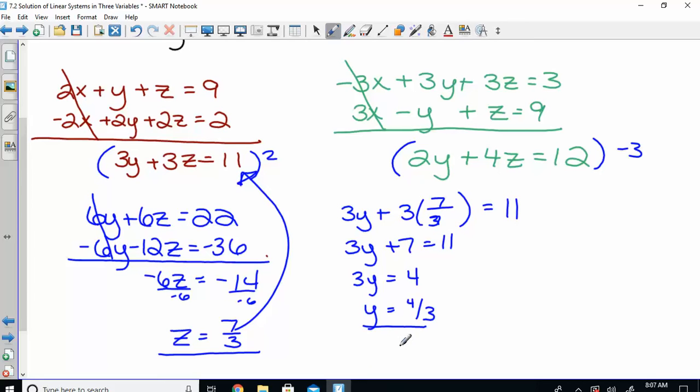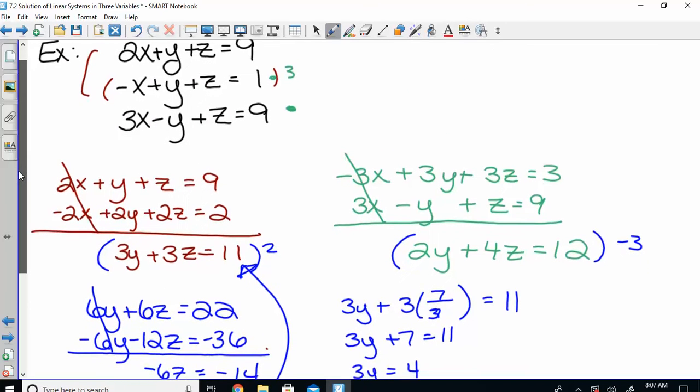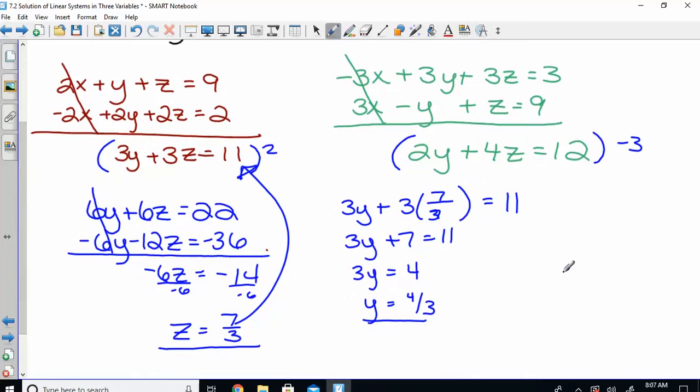Then how do we get x? Yeah, we'll have to go back to an original. So if I did the first one, it was 2x plus my y, which was 4/3, plus my z, which was 7/3, equals 9.